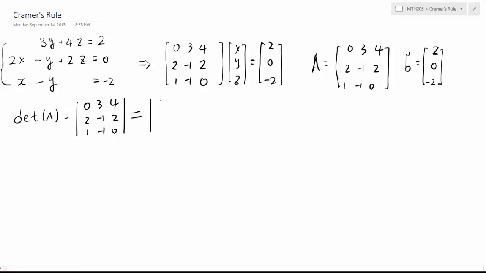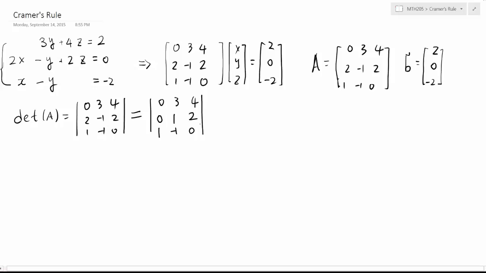So what we have is 0, 3, and 4, and we're going to have 0 over here, -2 times -2 plus 2 is 0, and then this is going to be +2 minus 1, which is 1, and this 2 is not going to be changed, and then this one is going to be still 1, -1, and 0.